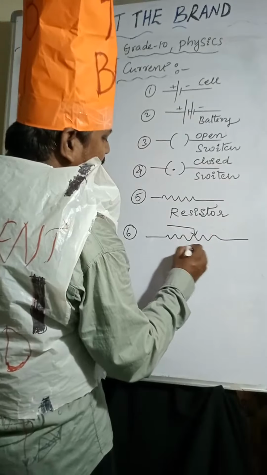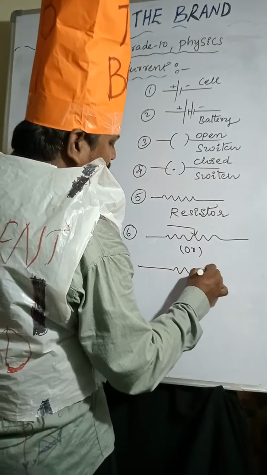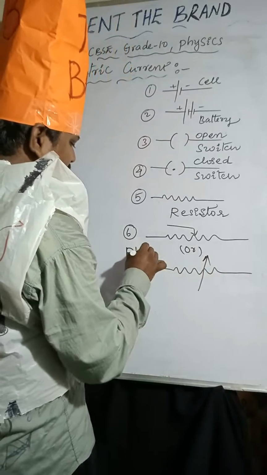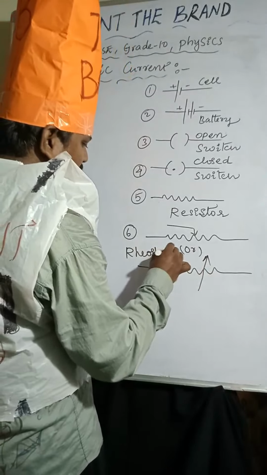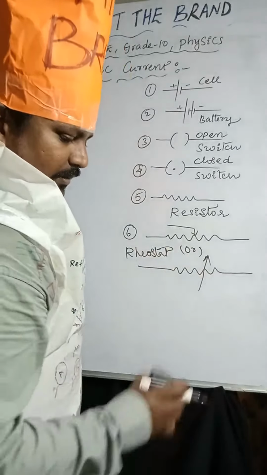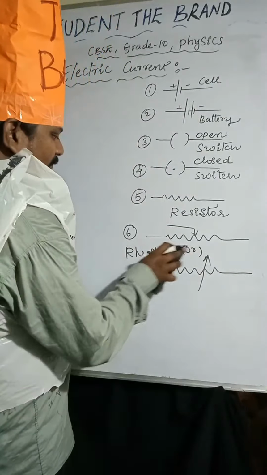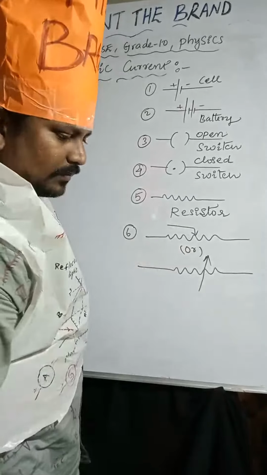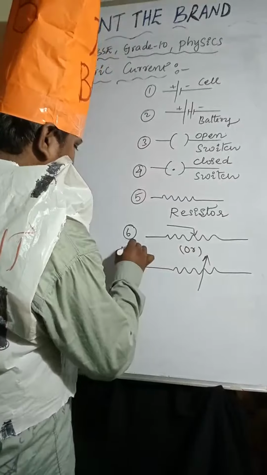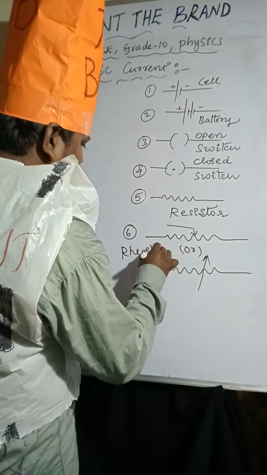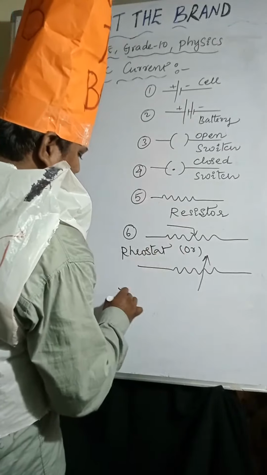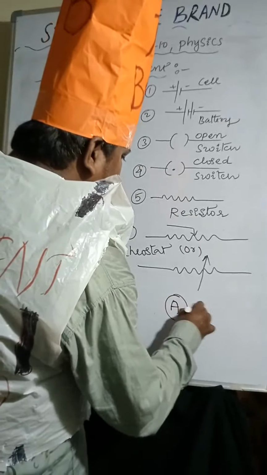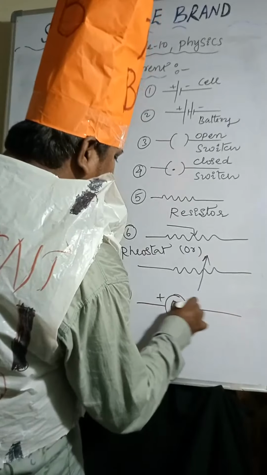Rheostat, either this one or this one. Coming to the seventh one, ammeter: positive terminal, negative terminal.